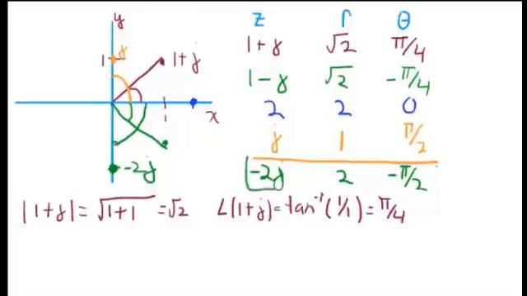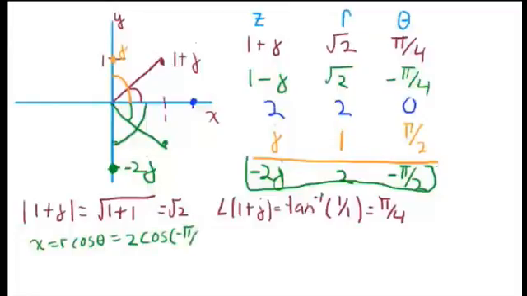Or for this right here, where we were given the polar coordinates, we could find the rectangular coordinates using the formula x equals r cosine theta. R was 2, and theta was minus pi over 2. Cosine of minus pi over 2 is 0. Likewise, y equals r sine theta.